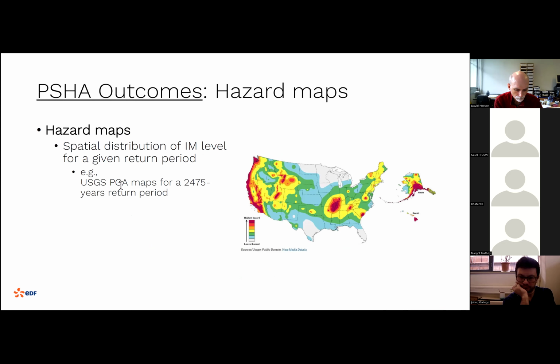Here it is the PGA level, in this example for the USA, for a period of 2,475 years, for the collection of sites that cover the whole US. This kind of hazard map is typically used or considered by regulators when they want to set up regulation on the building rules, for example.